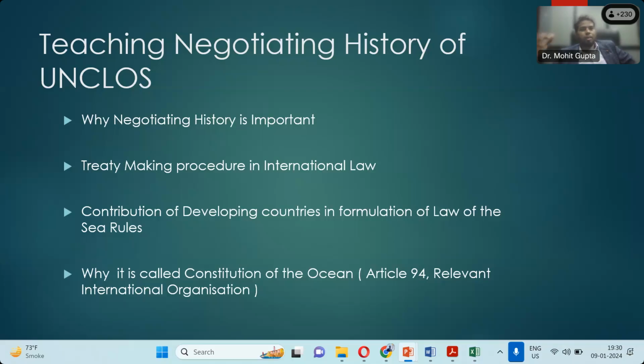Now, what is this consensus method? Suppose we want to insert a provision in the convention related to islands, and suppose some country has an objection. In the consensus method, the idea is to accommodate the concerns of all the countries while the text is drafted. So the Law of the Sea Convention was prepared through the consensus method.